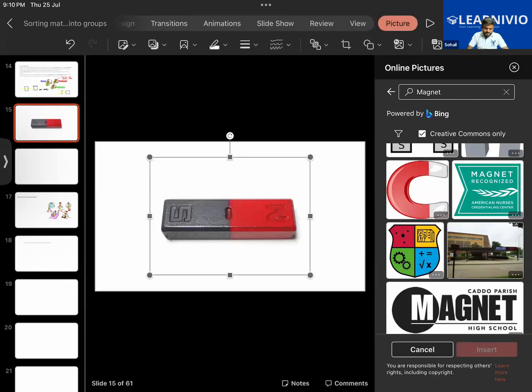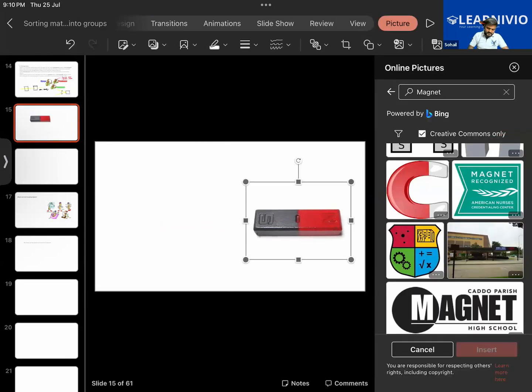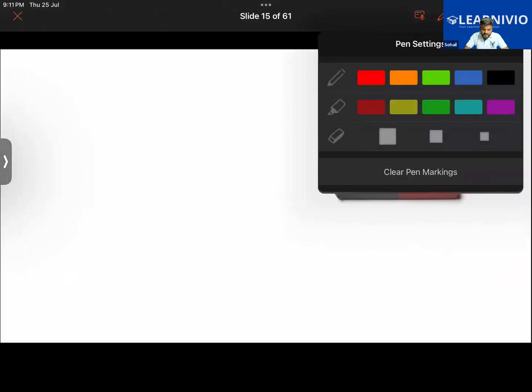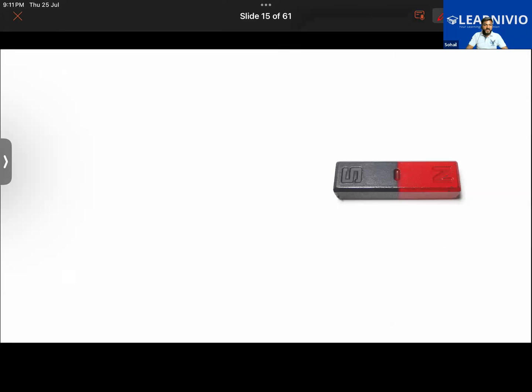We have some objects in nature, like iron, cobalt, and nickel, that would be attracted towards a magnet. Generally, you would have learnt only about iron: only objects made of iron get attracted toward a magnet.